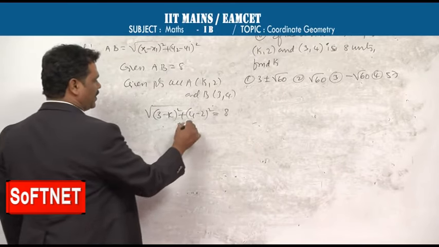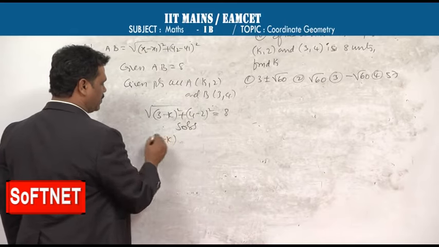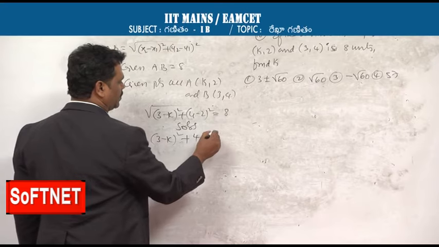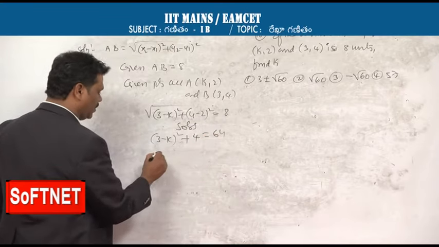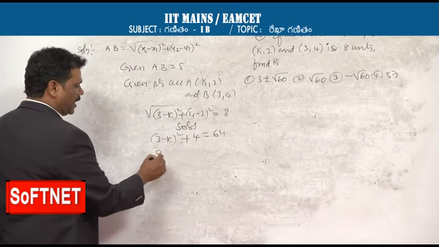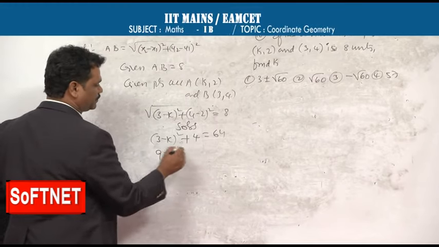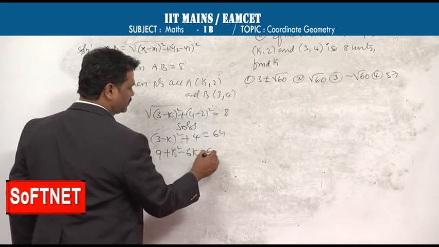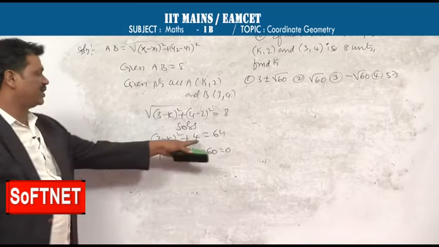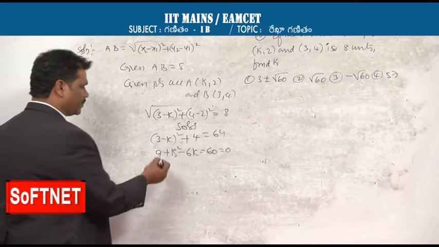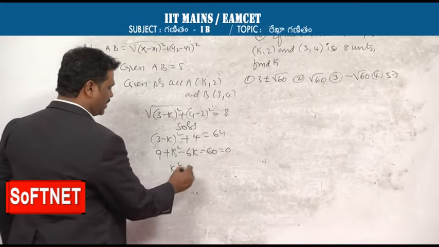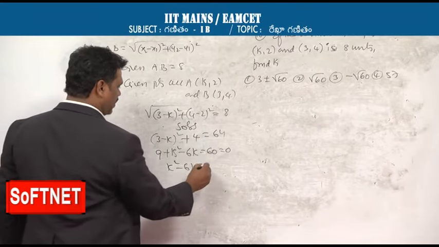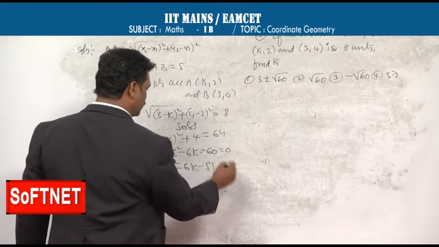So squaring on both sides, 3 minus k whole square plus 4 equal to 64. 3 minus k whole square means 9 plus k square minus 6k, and 4 minus 64 gives minus 60, equal to 0. So k square minus 6k minus 51 equal to 0.